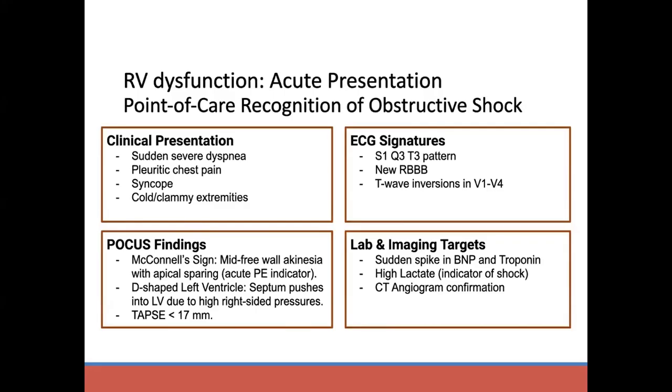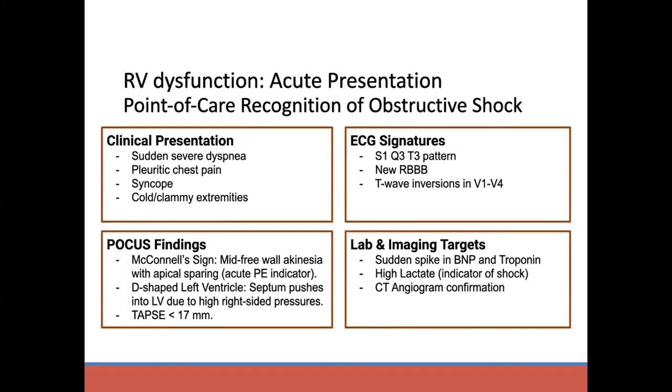If you can do a bedside echo, which is now a blessing in our intensive care and anesthesia, most physicians know how to do a focused bedside echo. They can appreciate a sudden dilatation of the right side, a characteristic D-shaped septum pushing on the left ventricle, a reduction in TAPSE, and the famous McConnell sign.